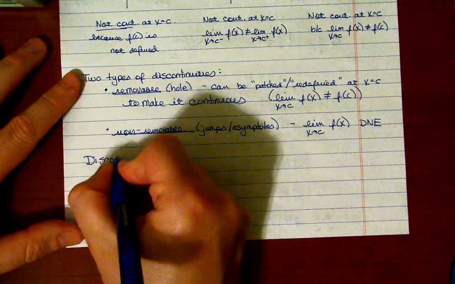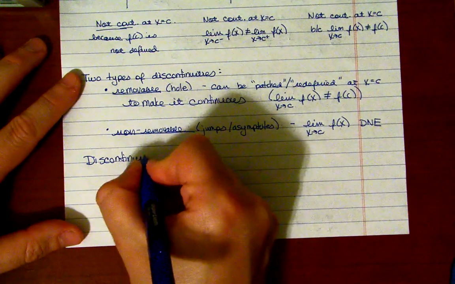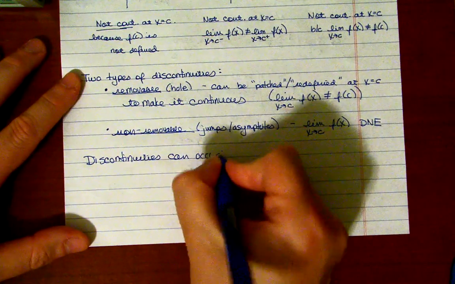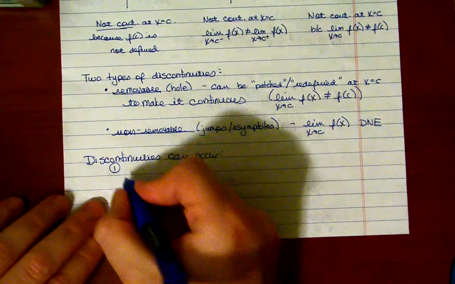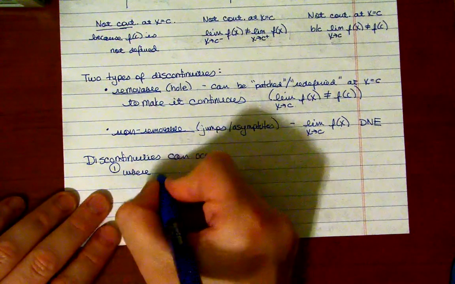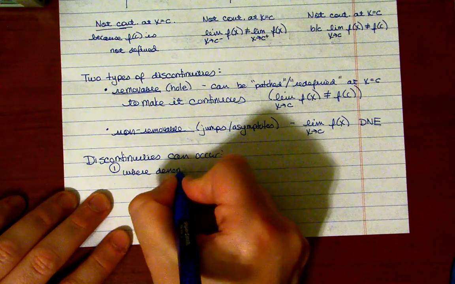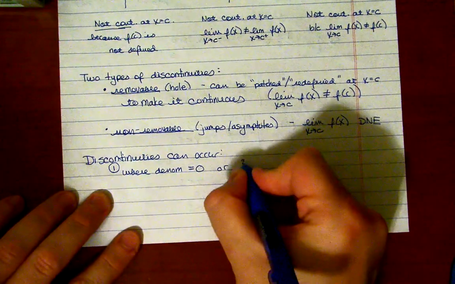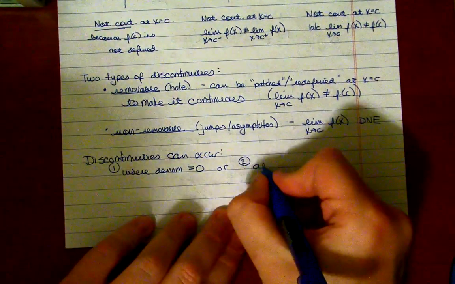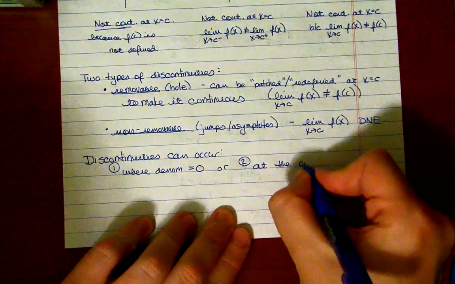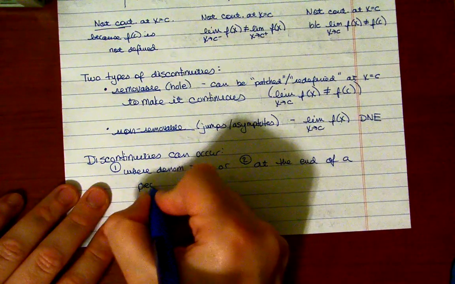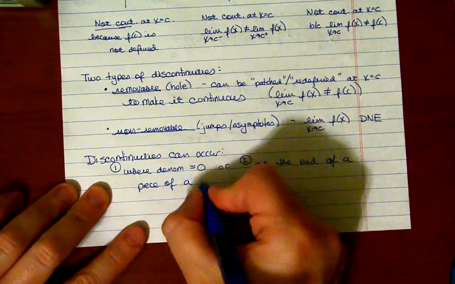Discontinuities can occur when we're looking at a formula, either where a denominator equals 0, or at the end of a piece of a piecewise function.